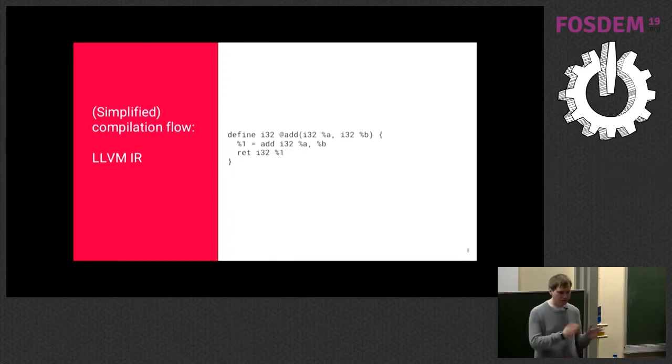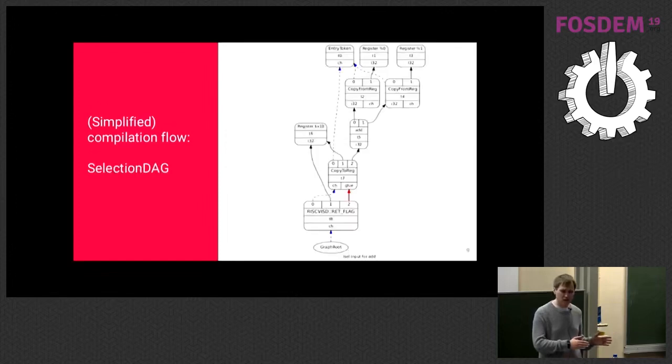Whereas once you get to this step, you've done all of your target-independent transformations and analyses. This is where the porting effort comes in. You're able to make use of a whole set of libraries and helper functions, but the task is essentially to take this selection DAG and lower it to our final form, which is the output assembly or ELF object.